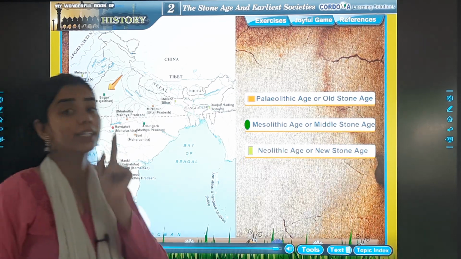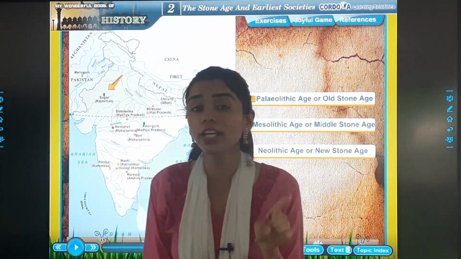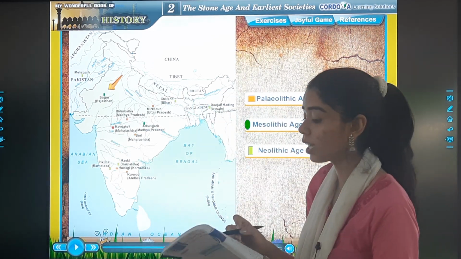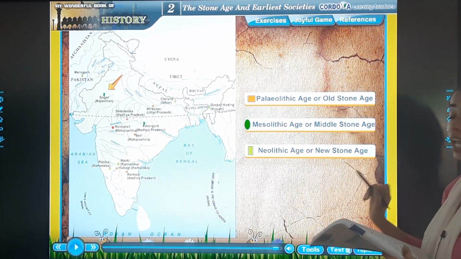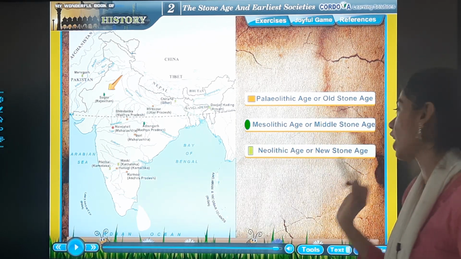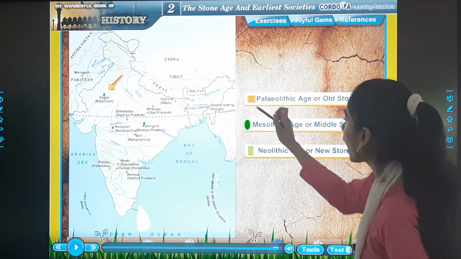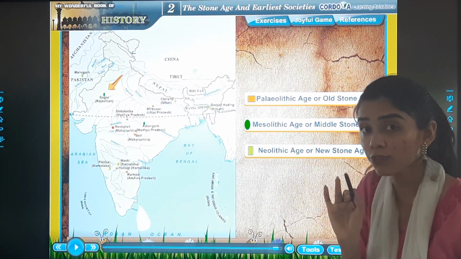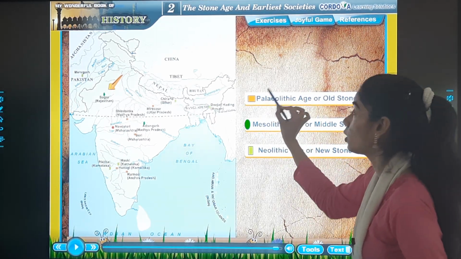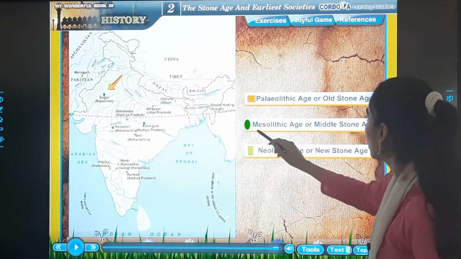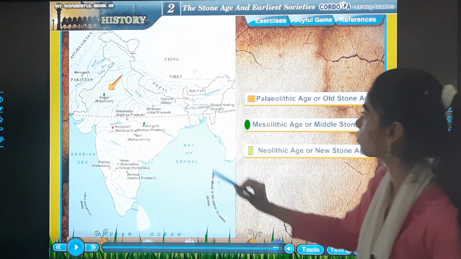Okay, so in the textbook also, at page number 15, you have this map and it is classified into Paleolithic age, Mesolithic age and Neolithic age. Now children, look at the symbols very carefully, okay? See, for the Paleolithic age, there is a square that is of orange color, and for Mesolithic it is of green color.